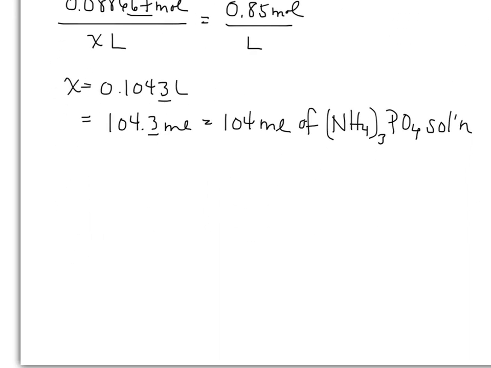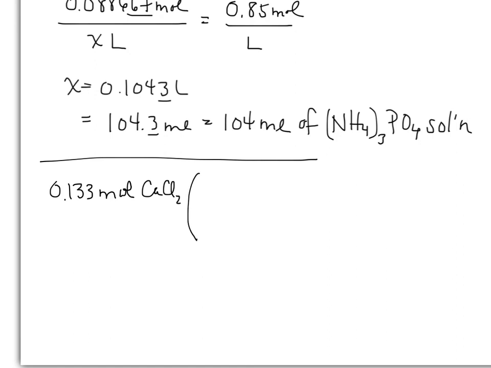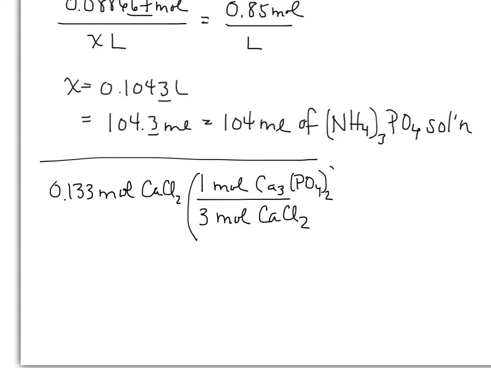So let's do that. We are going to take our 0.133 moles of calcium chloride, and we know that there are, in the balanced chemical equation, 3 moles of calcium chloride that react every time we create 1 mole of Ca3(PO4)2.